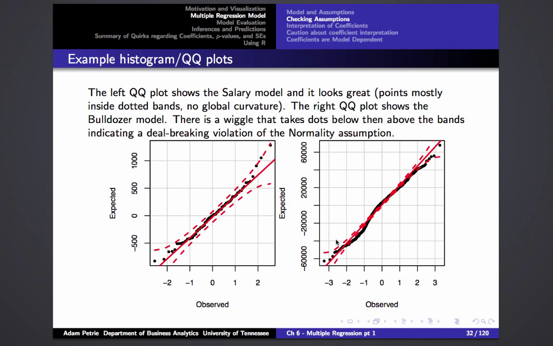But we see this QQ plot is awful because while most of the points are inside the upper and lower dotted bands, way out to the left and to the right, we do see a systematic weird bend going on where the points are not inside those upper and lower dotted bands. So normality is obviously violated here. No big news to us. We already knew that model wasn't going to be valid.